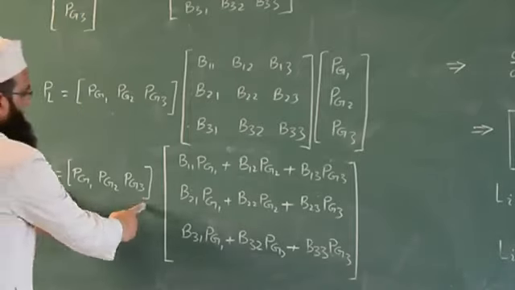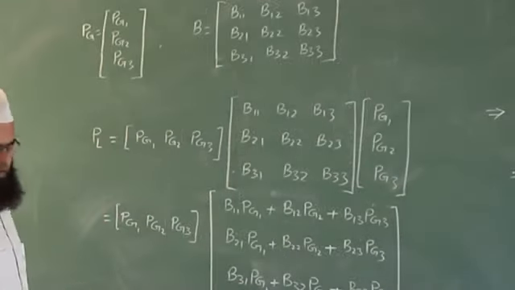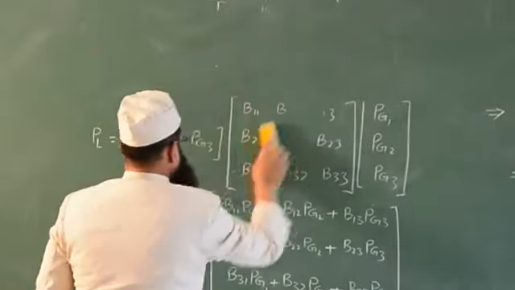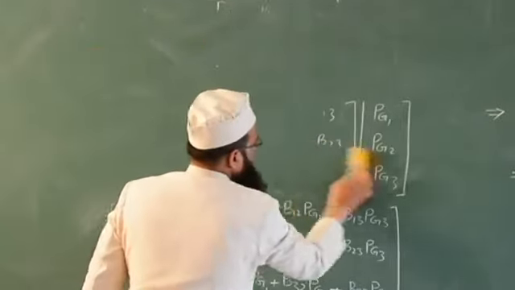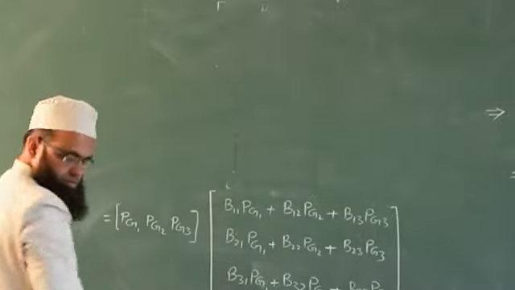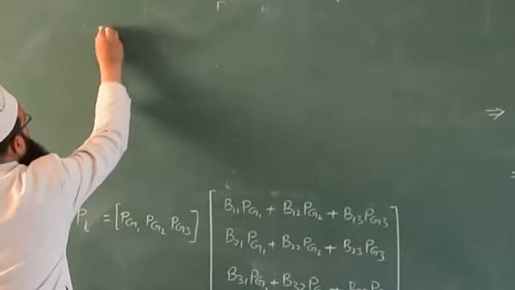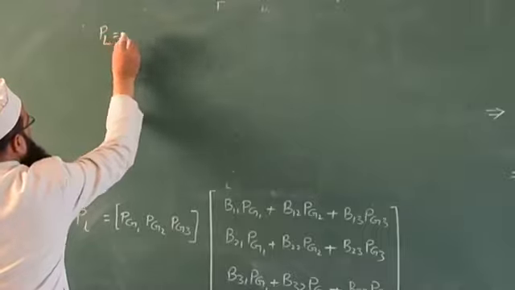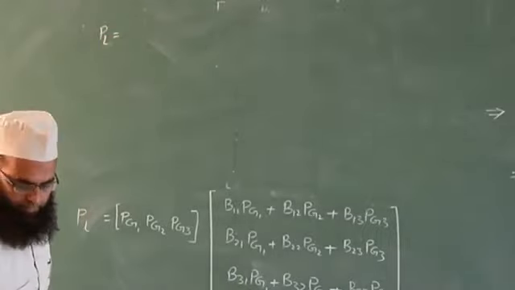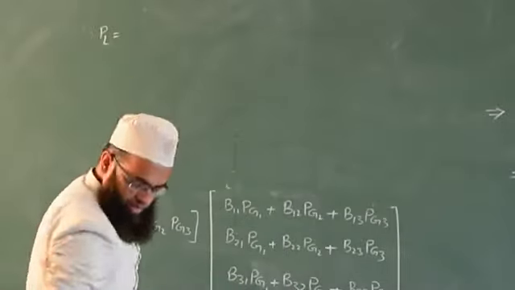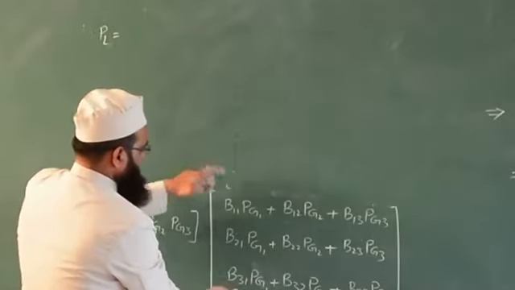So multiply this again with this. In the next line, this is PL. PL may be written as follows.